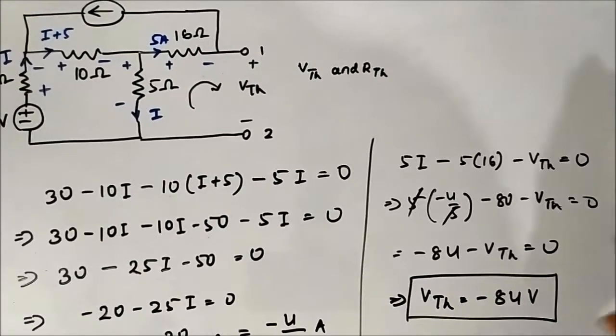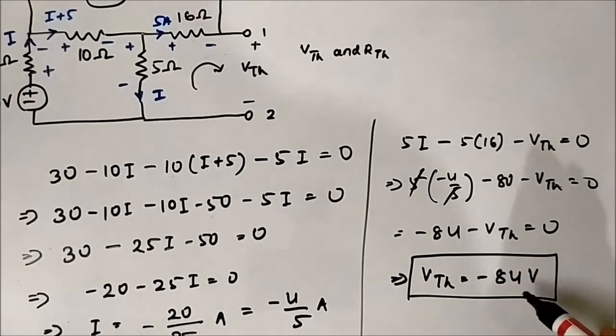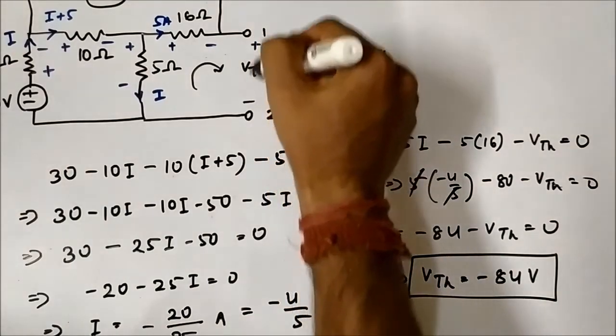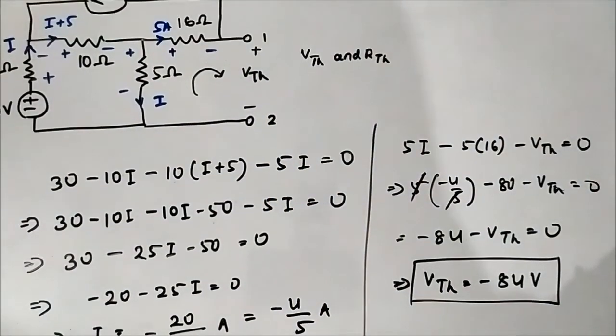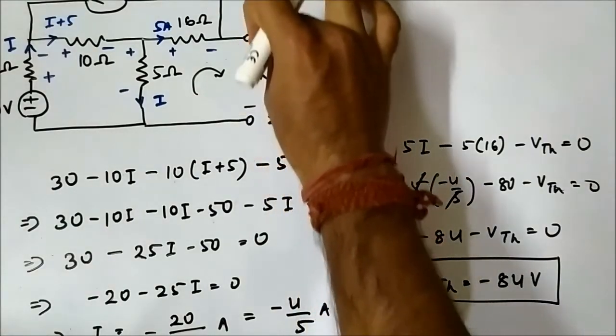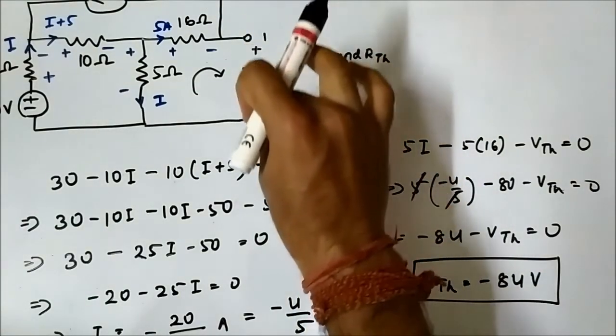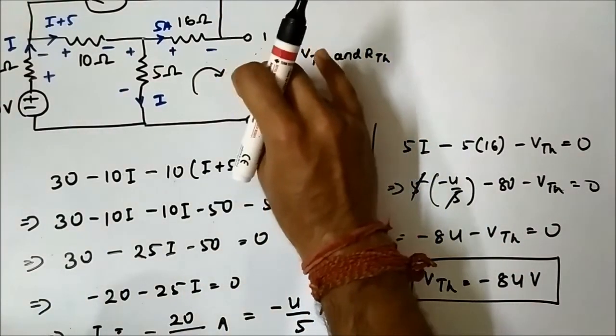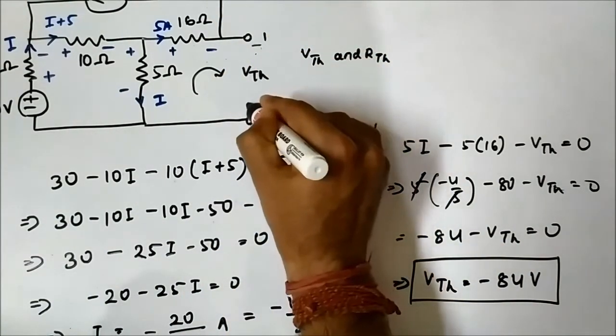So here the Thevenin voltage we are getting is minus 84 volt. It does not mean that the answer is wrong. It means the polarity of the VTH that we assumed is the opposite. Here we assumed the top terminal is plus and the bottom terminal is minus. So it is the opposite, it is minus plus.